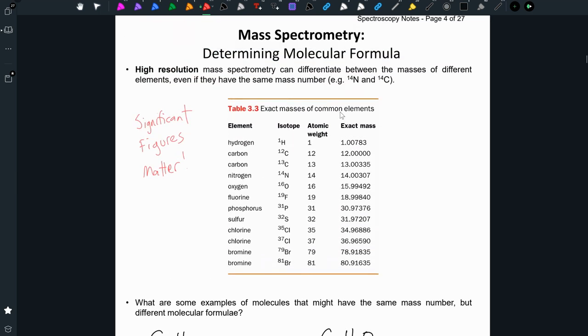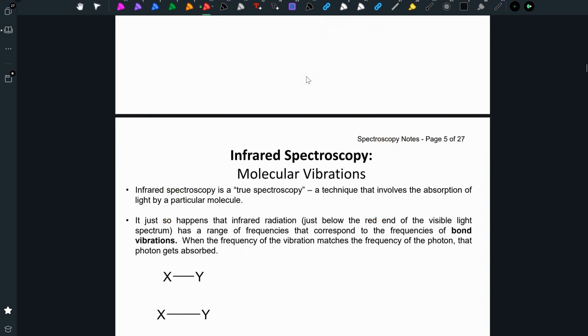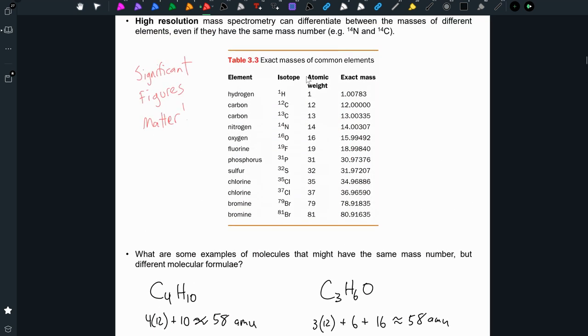And so that's something that chemists often turn to, running their samples through a mass spec to figure out the chemical formula. Okay, so I'm going to close this part there, and the next thing that I'll talk about will be infrared spectroscopy, which is where we get information about how those atoms are bonded together.